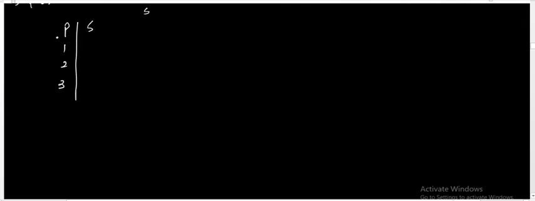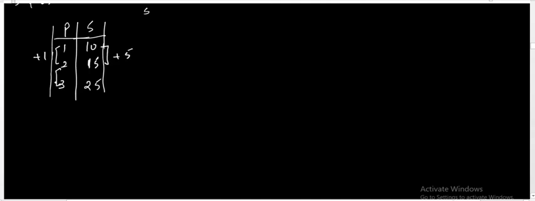In the supply, it is 10, then it moves to 15, and then it moves to 25. Now for the first 1 unit increase, there is a 5 unit increase. Then for the next 1 unit increase, there is a 10 unit increase. Now let me plot this up.